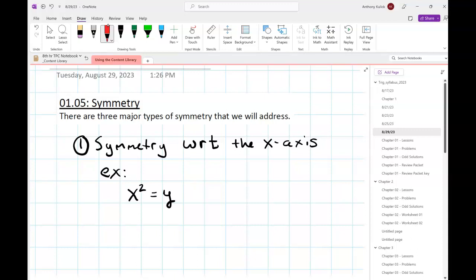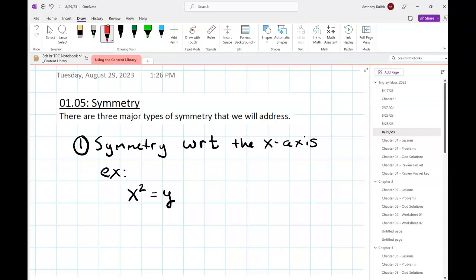However, when I look at this, I don't know, if you say so, Mr. Kulik, that's symmetric about the x-axis, I don't even know what I'd be looking for in an equation. And it's usually not particularly clear, the symmetry, just by looking at the equation. So maybe let's look at a graphical representation of this, right? That might be more informative for us.